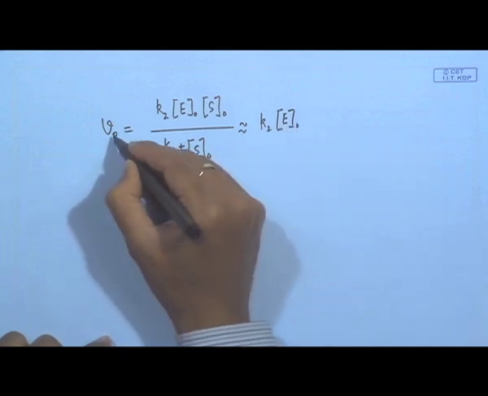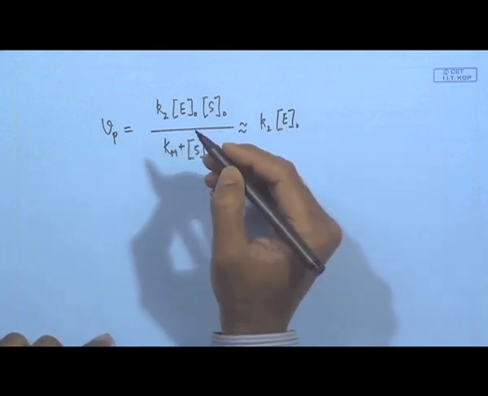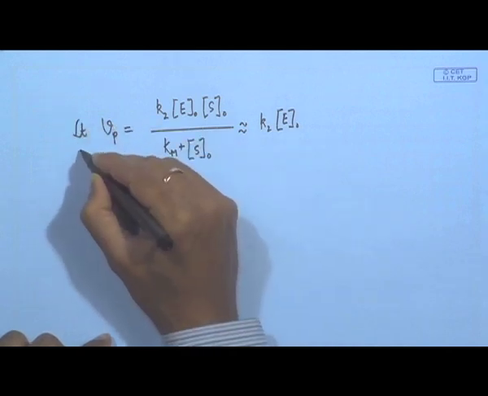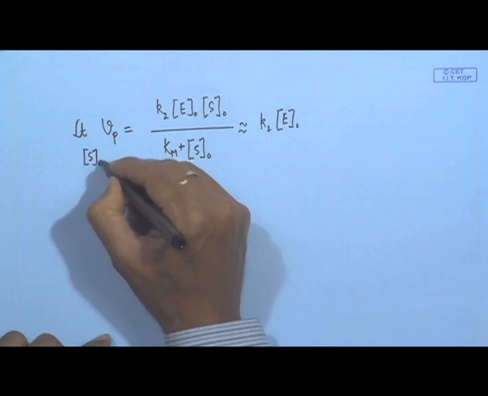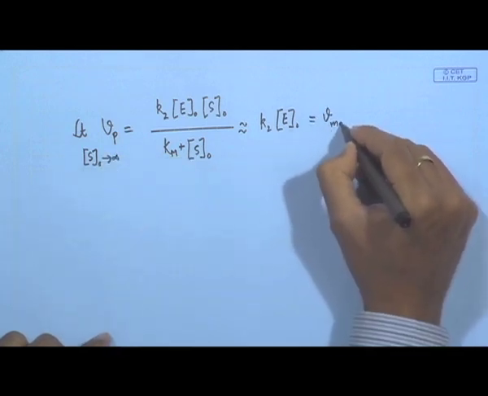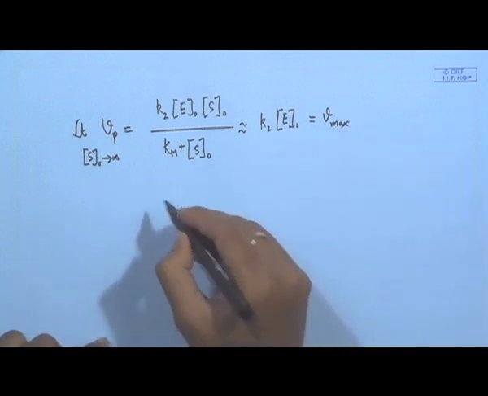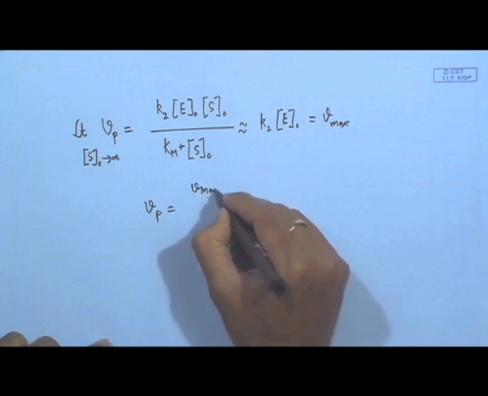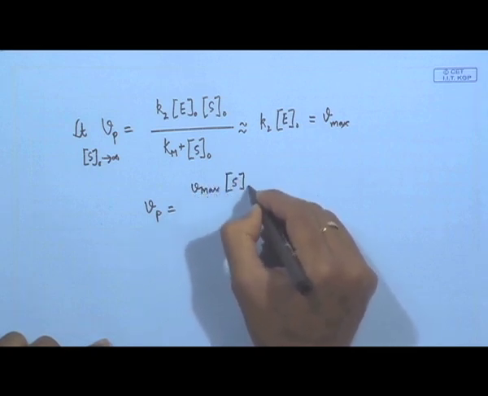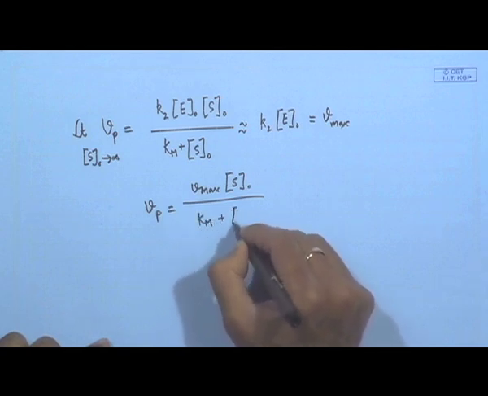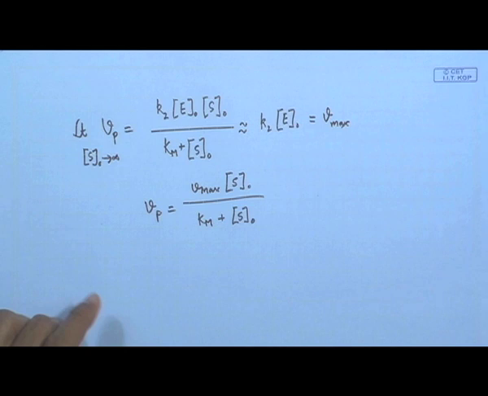In that case, this Vp is called Vmax, when the substrate concentration limit is infinity. So, if you write Vp is equal to Vmax S0 divided by Km plus S0, in terms of Vmax, it is like this.